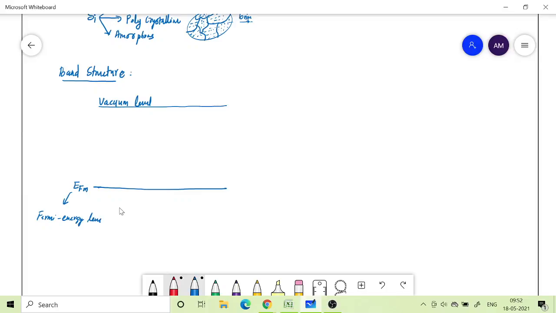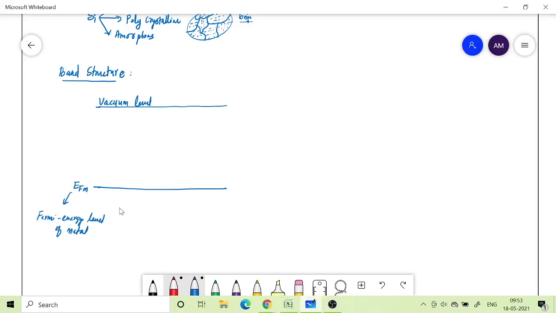Now it is common to draw the conduction band and valence band edges when you draw the band structure of a semiconducting material, but for metals the edges of the valence band and conduction band are not important, because in metals the valence band and conduction band overlap. So we do not need to draw EV and EC.